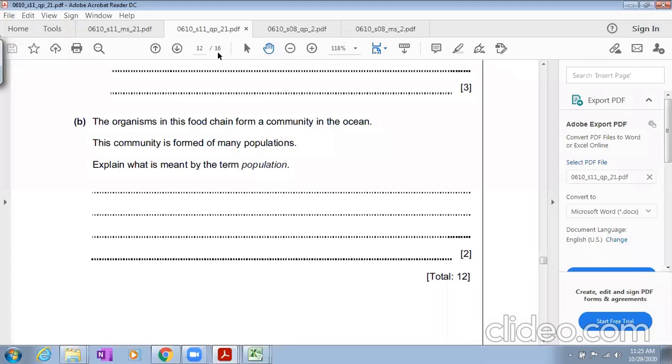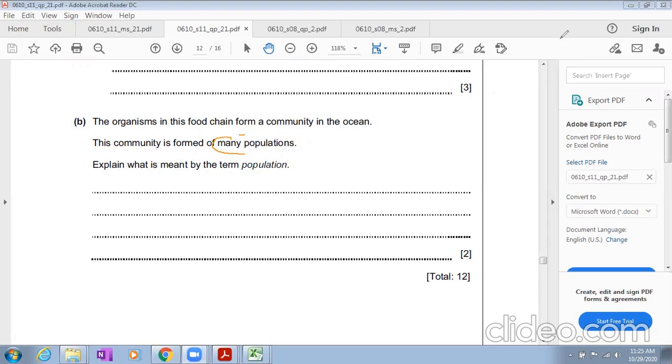Another question we have: the organisms in this food chain form a community in the ocean. The community is formed of many populations. Many populations come together and form what? A community. Explain what is meant by the term population. So what's that?